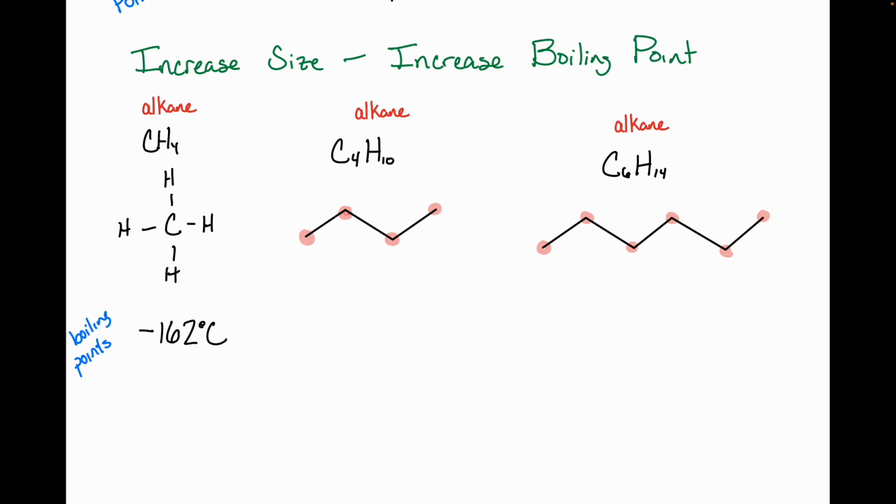When we get to 4 carbons, this now has a boiling point of -1 degrees Celsius. And once we put 6 carbons on there, now we're at around 70 degrees Celsius. So the larger the molecule, the greater the boiling point.